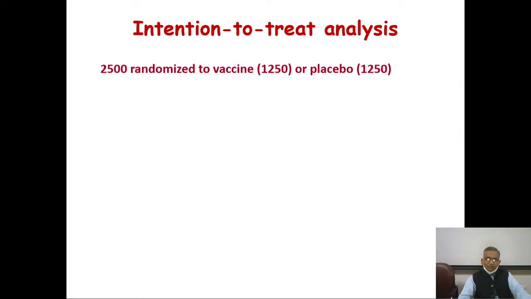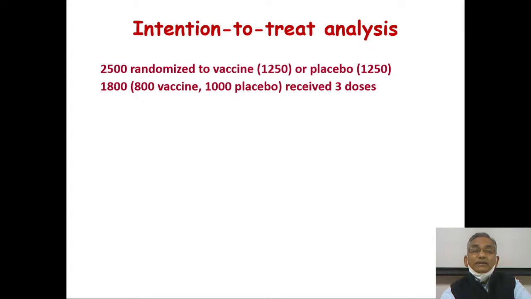Now, just another example, there was a study where 2500 were randomized to two groups, vaccine and placebo, in a 1:1 ratio. All 2500 were supposed to receive 3 doses. However, not all received.